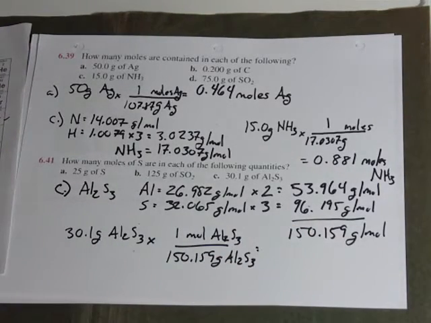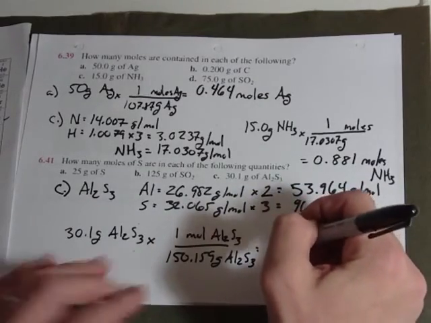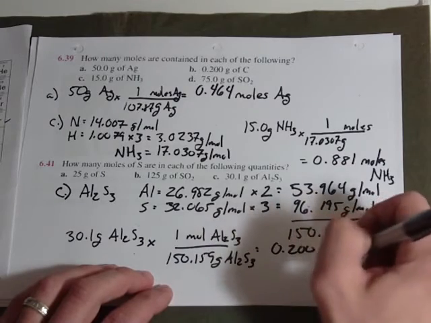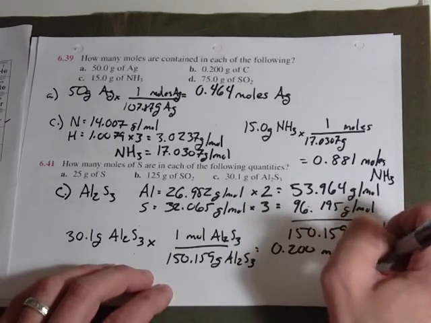So we take 30.1 divided by 150.159, and we get 0.200 moles of Al2S3.